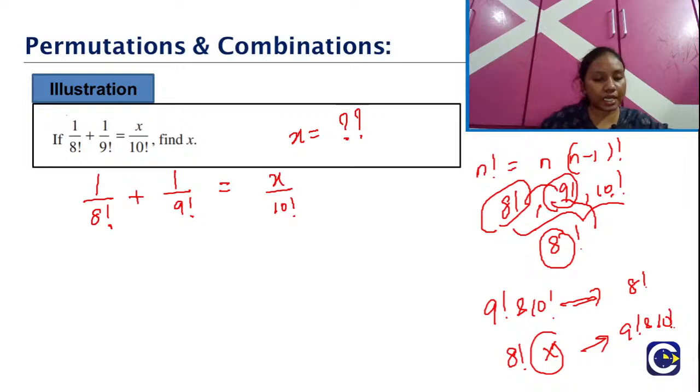Once we express 9 factorial and 10 factorial in terms of 8 factorial, it will be easy to get our variable value x.